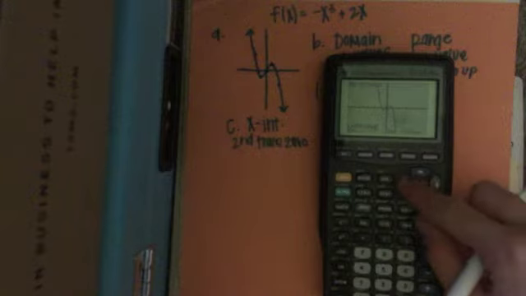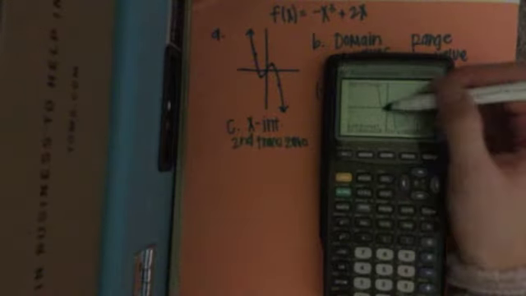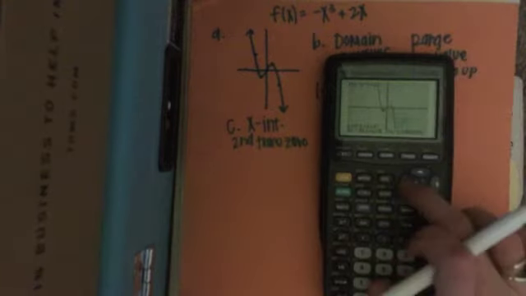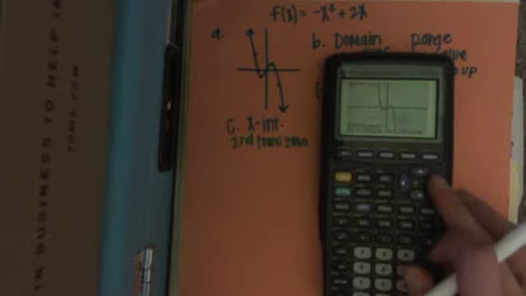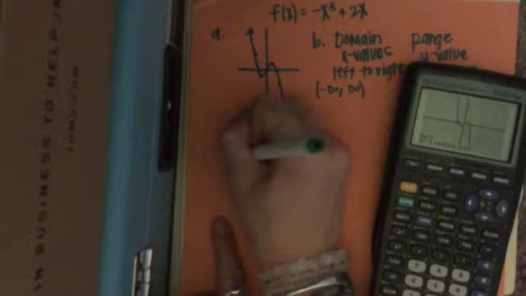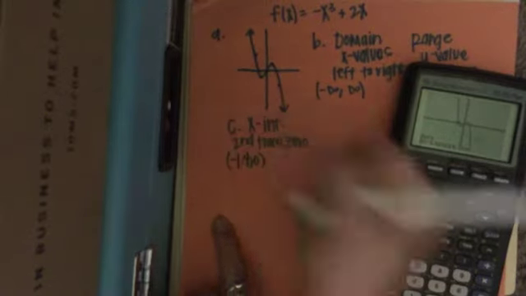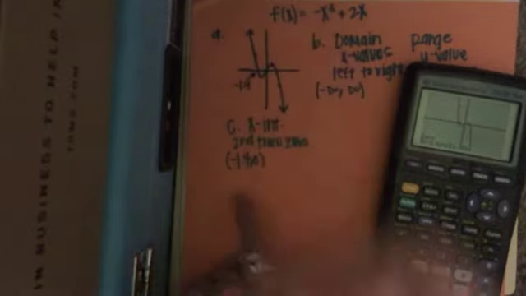Notice the little spider thing that's blinking there. It says left bound. This needs to be left of that axis right there, so I just need to move it above there. Push enter. Need to move it below there. Push enter. It says guess. Push enter one more time. And you get negative 1.40. So that's one of my zeros, and I'm going to label that. So this right here is negative 1.4.